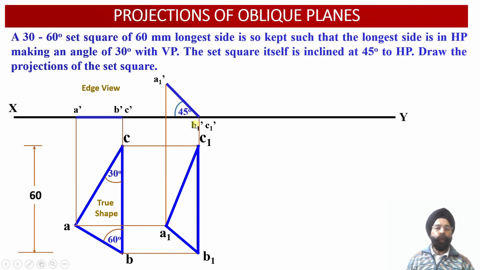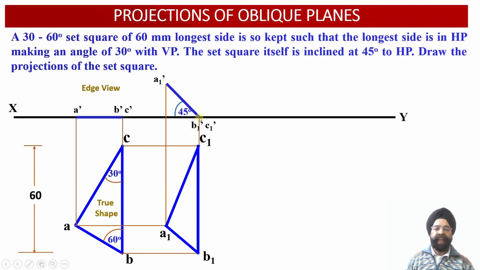Similarly, through point B1 dash, draw a vertical projector line downwards and extend it till it intersects with the horizontal projector line which has been extended through the point B over here. Right? Intersection of these two projection lines will provide us with the location of the point B1.